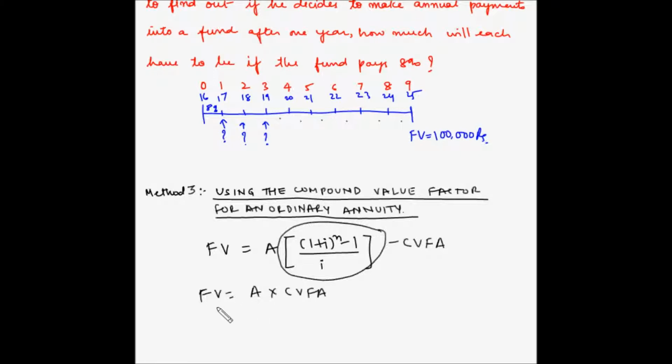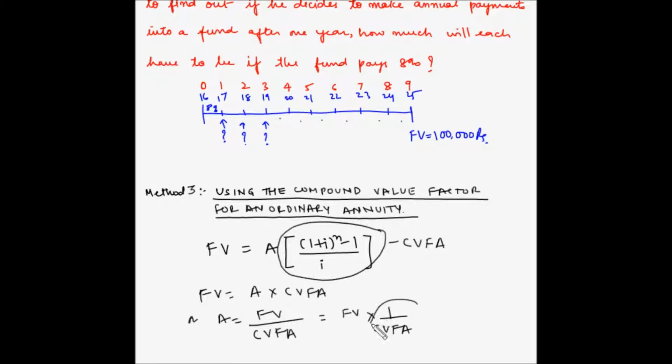Now here we know the future value and we want to find out the amount of annuity. So A is equal to FV divided by CVFA, which is also equal to FV into 1 divided by CVFA.